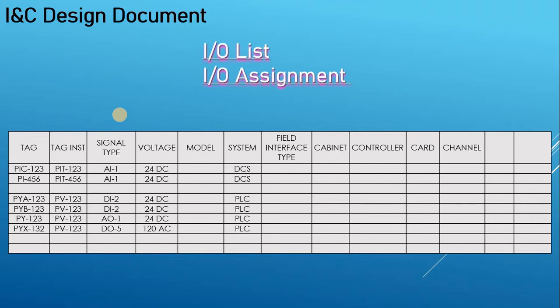So you will have a typical for each signal. You will describe and explain the wiring drawing for this loop, and then in the I/O list and the I/O assignment, you just specify those types, typicals. So when you create the loop drawings, it will be easy to create them.